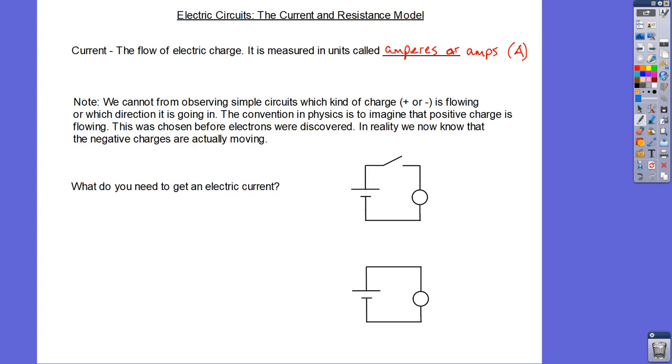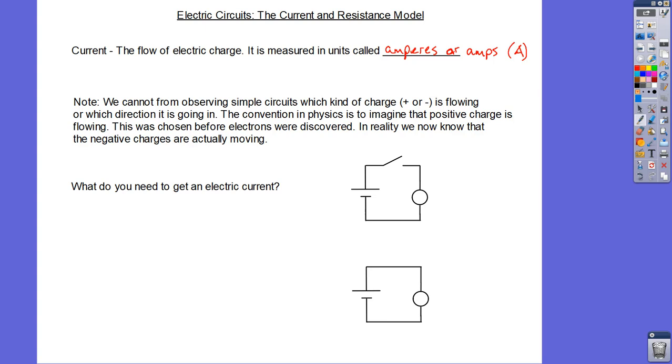And the convention is that we always assume that it's positive charge that is moving. That's from the old days of physics, before we understood or even knew that electrons existed and that those were what is actually moving around in our wires. But the basic idea is you get the same answer either way, whether you consider it to be positive charge or negative charge, or it doesn't matter which direction it's going in.